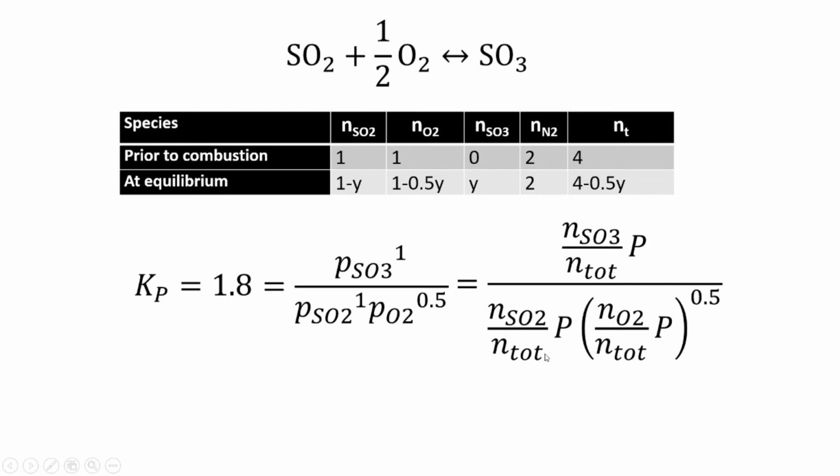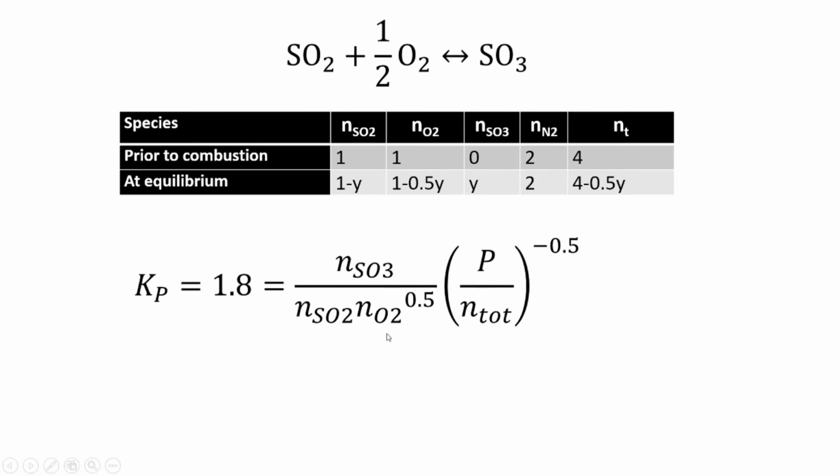And I can repeat that for SO2 and for oxygen. The number of moles of SO3, SO2, and O2 depend on Y, but they're given here in the table. And so I can separate these three terms and pull out the pressure divided by the number of moles total, which reappears in every one of these terms.